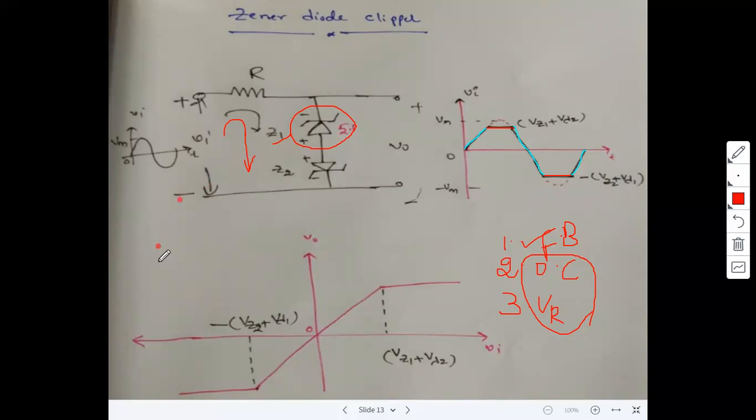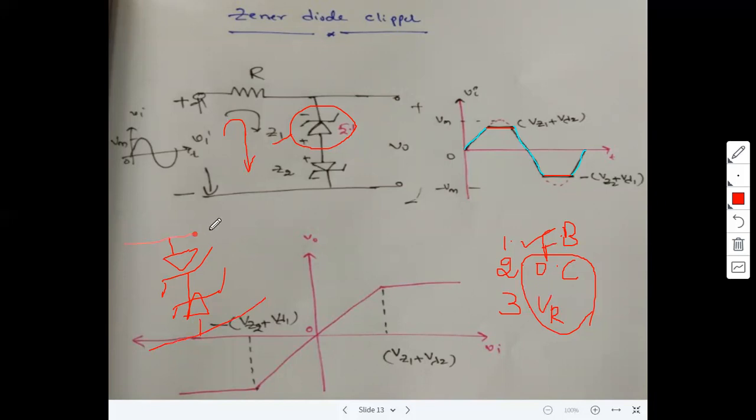In the same way, we can connect the diodes in the opposite direction also, and we get the same output waveform, right? Here, suppose in this case we use it like this. This is about the Zener diode, and we connect the Zener diodes like this, right?